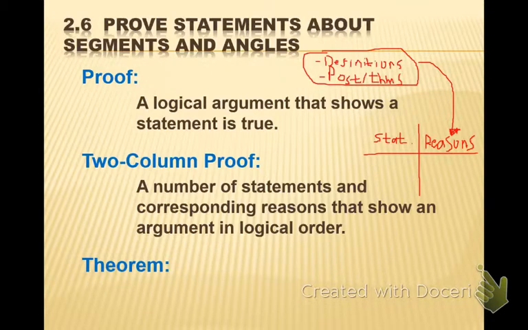Okay? But we have to make sure that it's sequential and that each step comes from a statement before it. Okay? And then we talked about theorems a little bit before. Postulates are rules that do not need to be proven. Theorems do. Theorem is a statement that can be proven. Not can be, but should be and needs to be before we can accept them as being true.